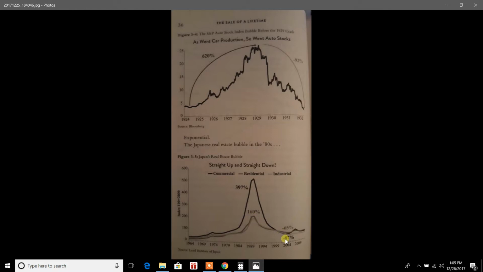Okay, so there was a negative 87% drop in commercial real estate, so it lost 80% of its value. And then on the residential and industrial, well, and it would have been industrial here, it lost 65% of its value from its peak at 160% returns. And these sources are coming from the Land Institute of Japan, all right, and Bloomberg.